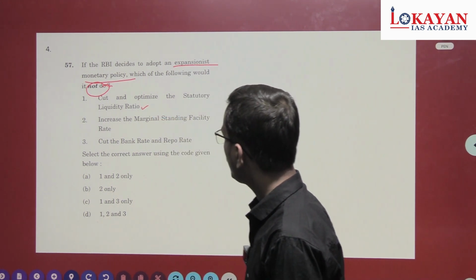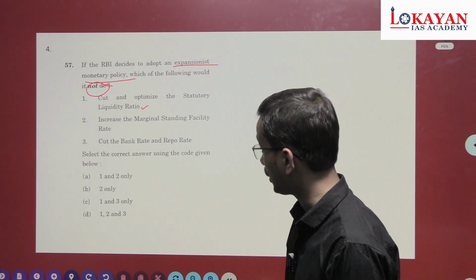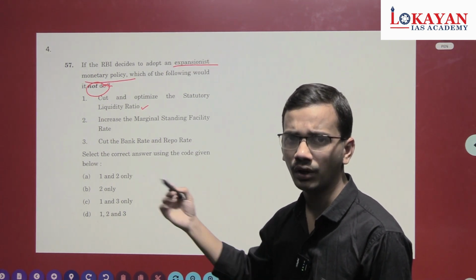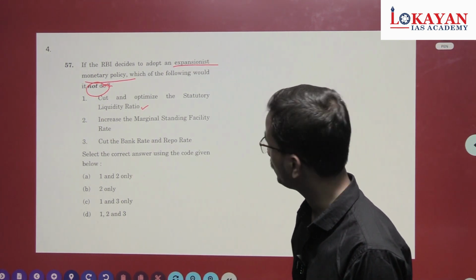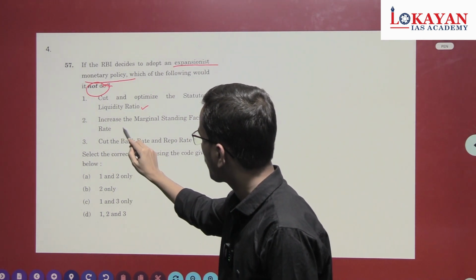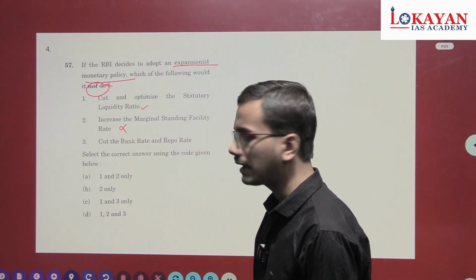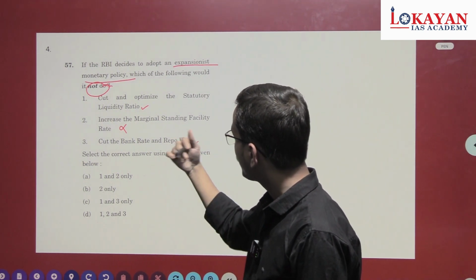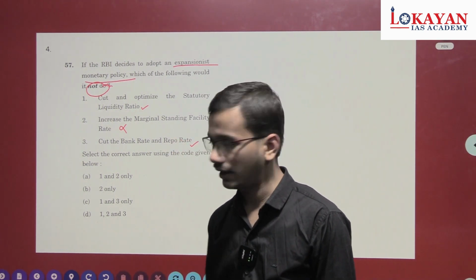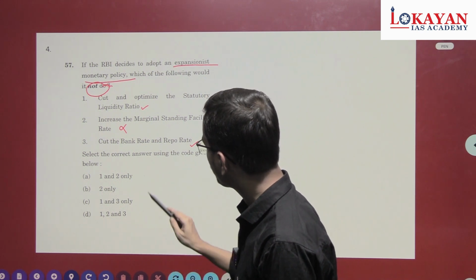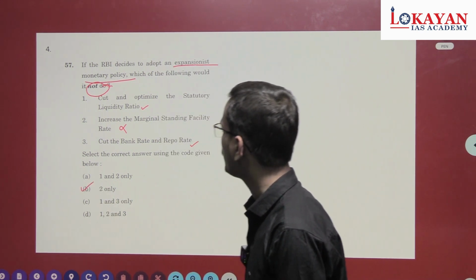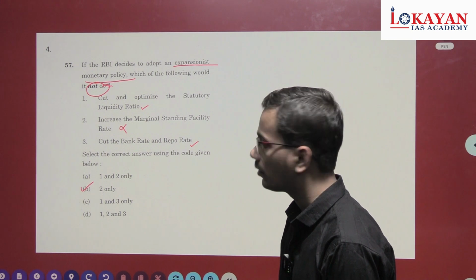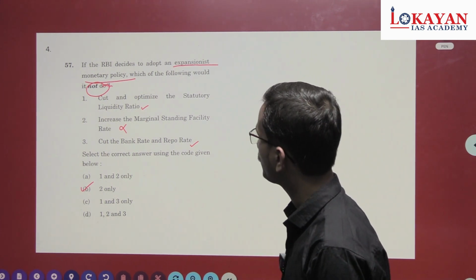Correct. Increase the MSF, marginal standing facility rate. This is also one of the tool of monetary policy. Wrong one. Cut the bank rate and repo rate. Correct. But what is asked? Which action will it not take? So option is B, 2 only. Okay. Expansionary monetary policy.